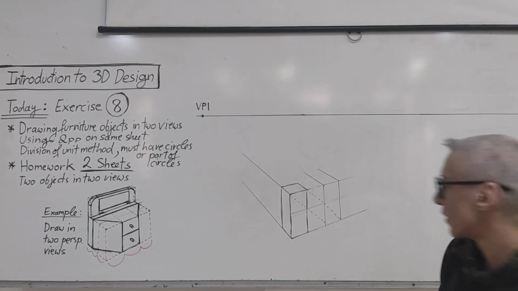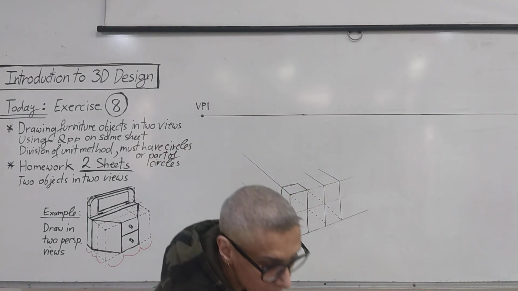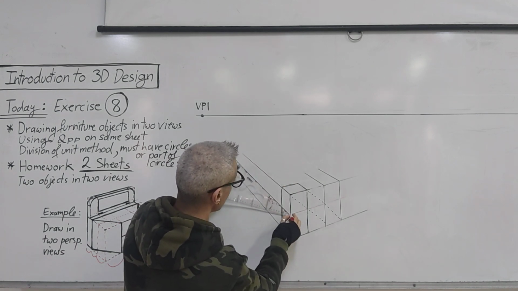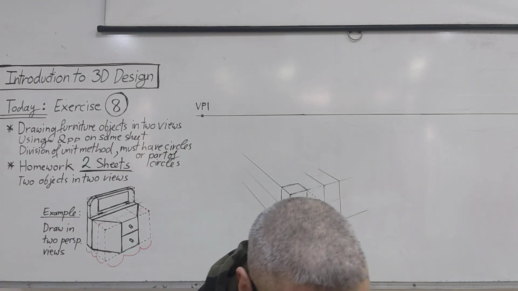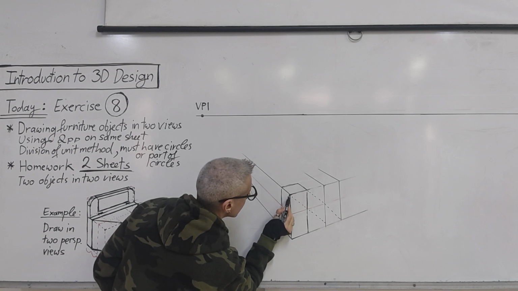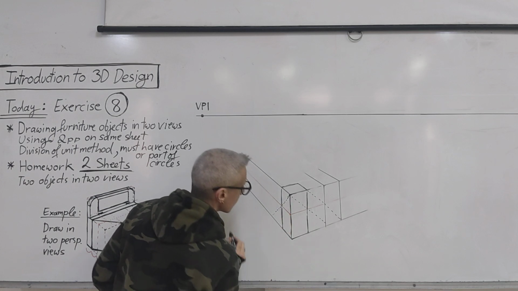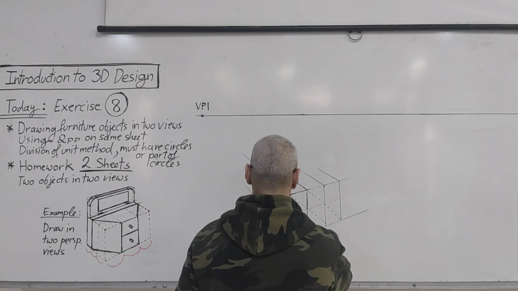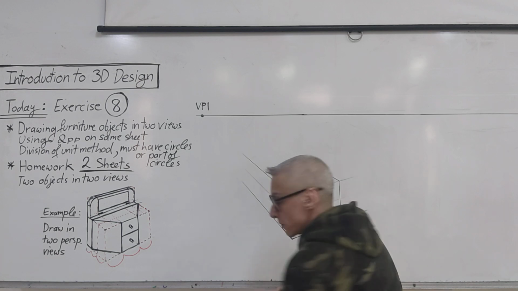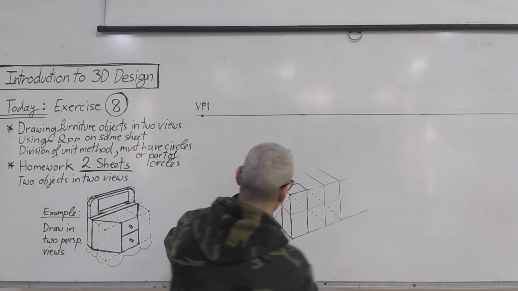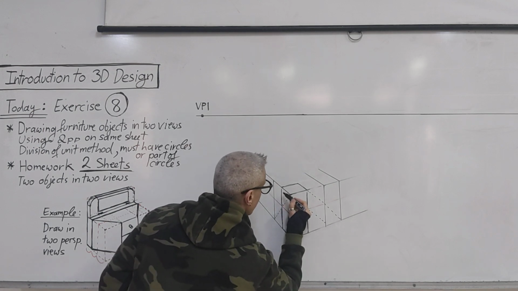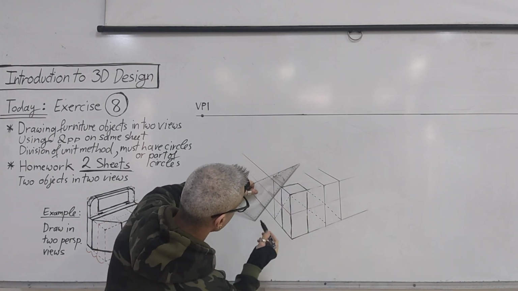So, from the same line, we will take half point to the vanishing point, and we do the same thing. From this point through this point, this is the next unit of the same size. And again, from this point through this point.